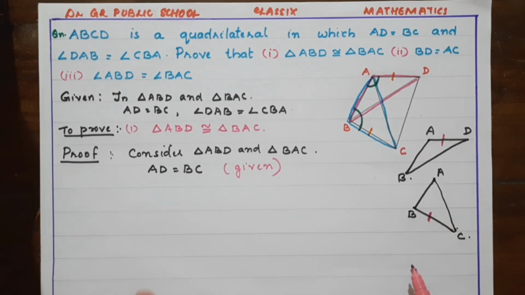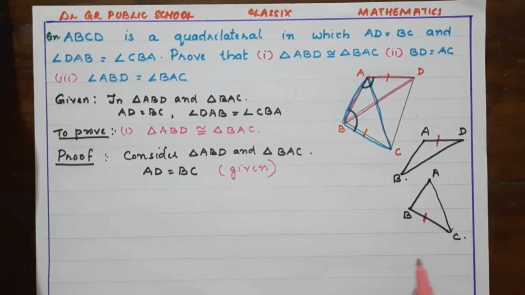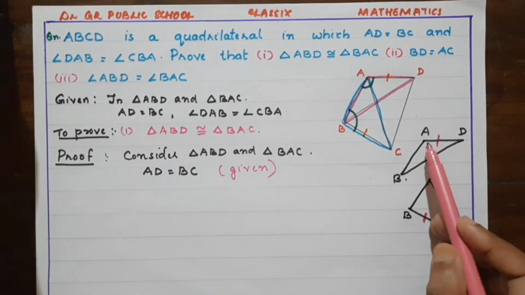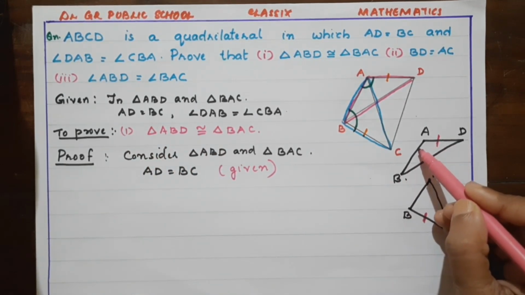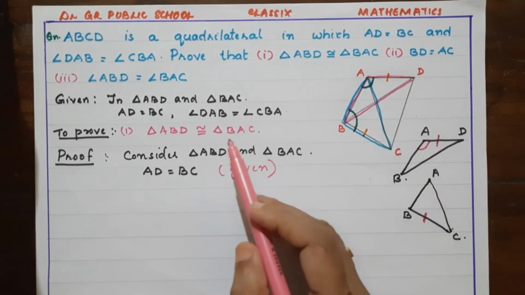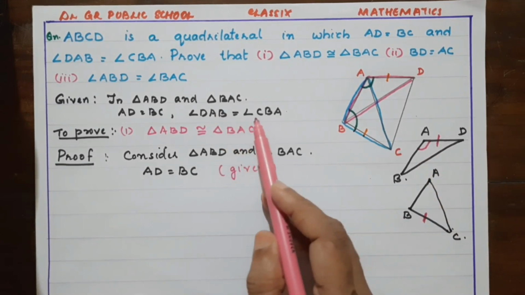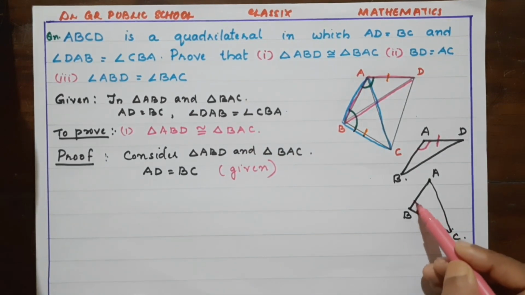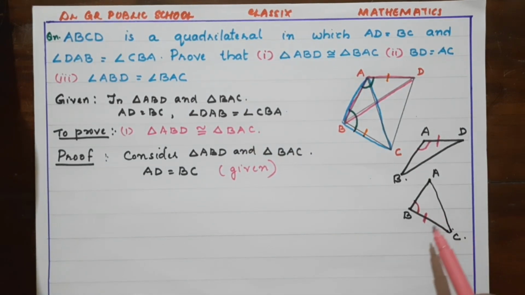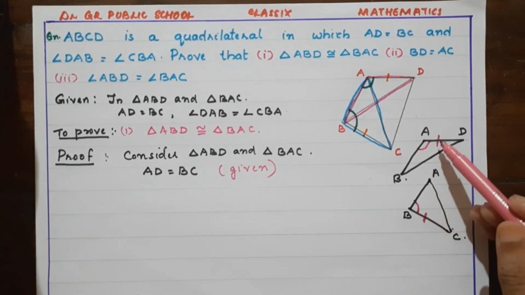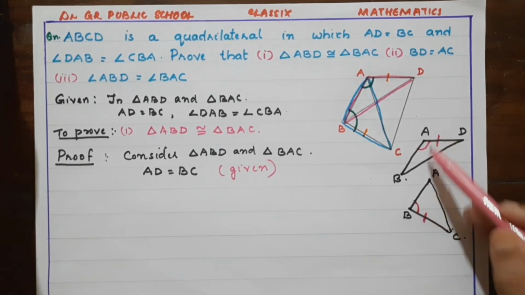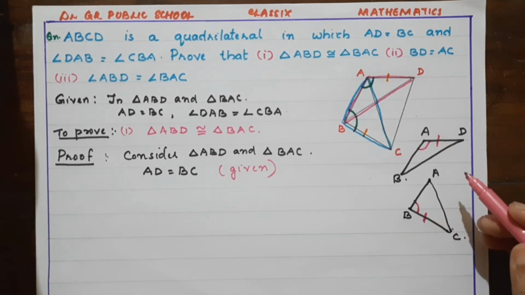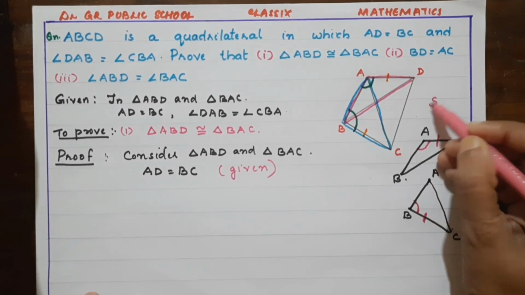Now what are the given angles? Angle DAB, this one, is equal to angle CBA, this angle. Okay, so now we got one pair of sides and one pair of angles equal. Now what do we need to apply SAS?